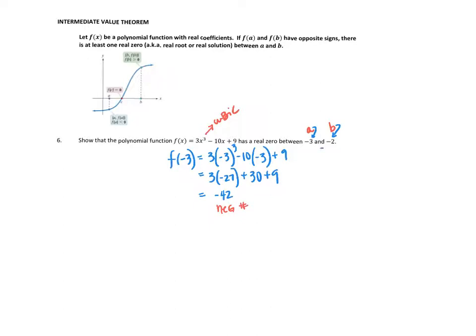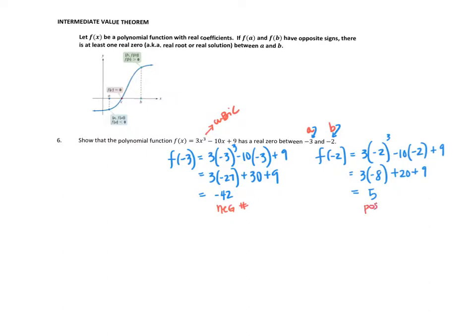And then f of -2, when I plug that in, I'm going to have 3 times -2 to the third minus 10 times the quantity of -2 plus 9. I can simplify, that's 3 times -8 plus 20 plus 9. That's going to simplify to 5. So that is a positive number.